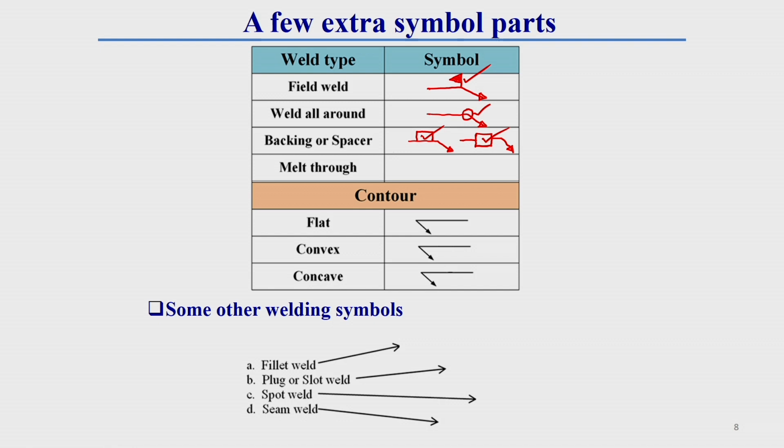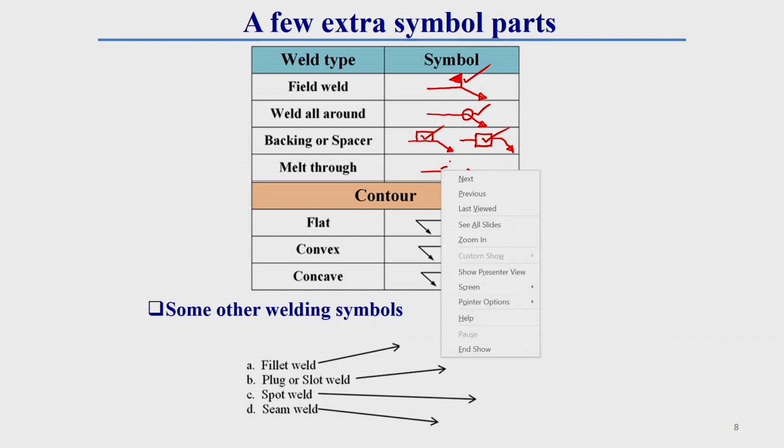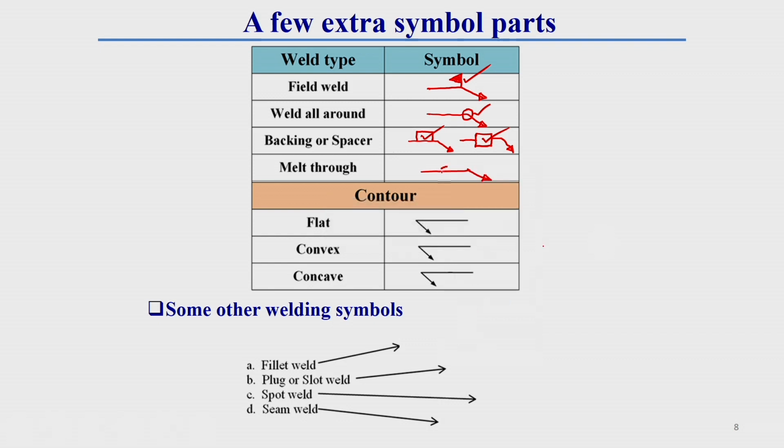Now, how is melt through represented in a welding symbol? In some cases where melt through is required, it is represented in the welding symbol on the other side, the far side of the joint. Here I am showing how it looks. Melt through occurs for which side?